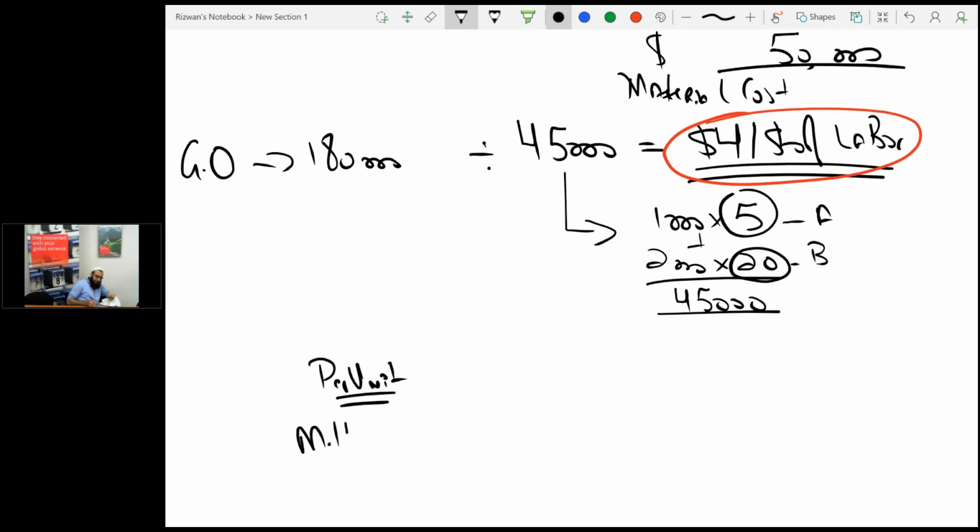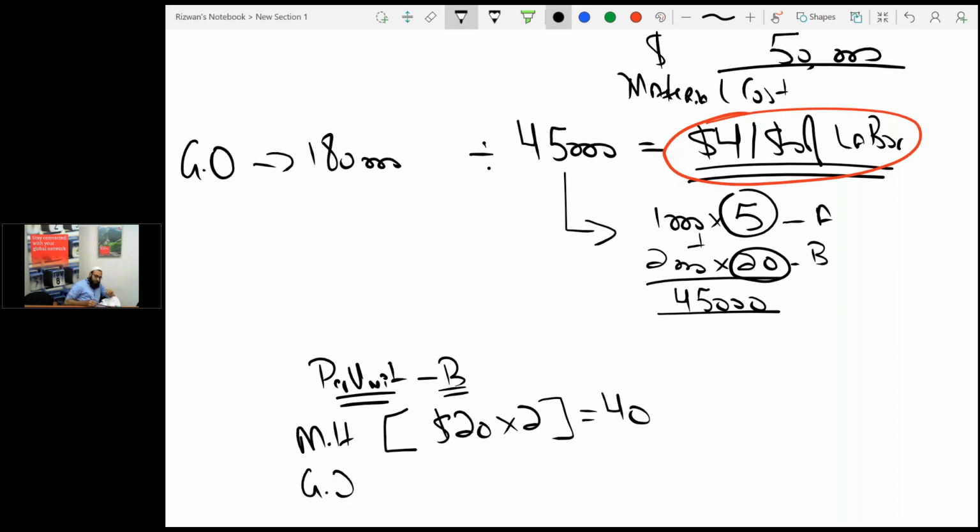Material handling: per unit cost of material, and this is per unit of B, is 20 multiplied by OAR of 2, and you got 40.